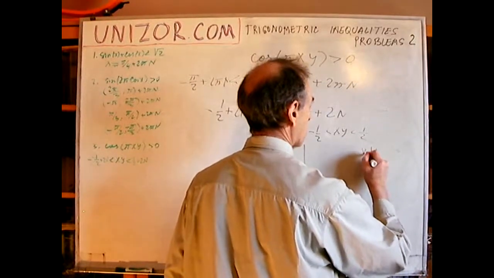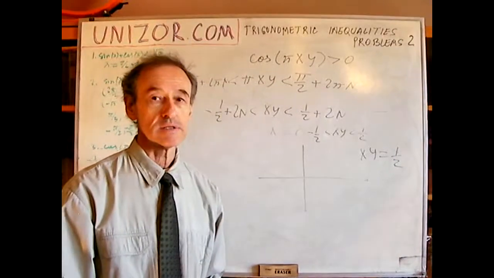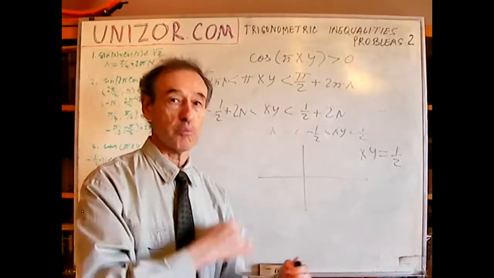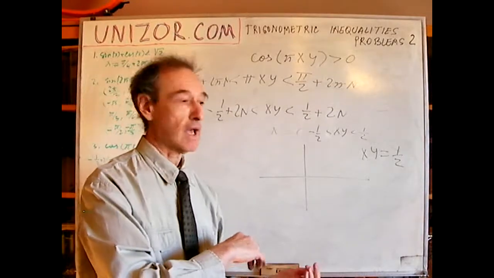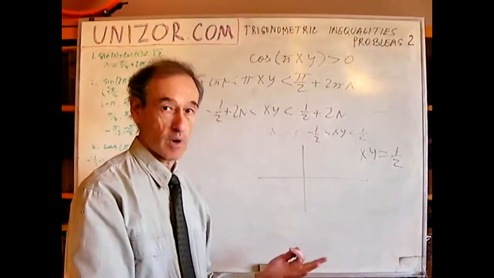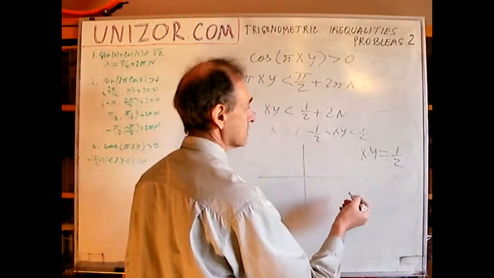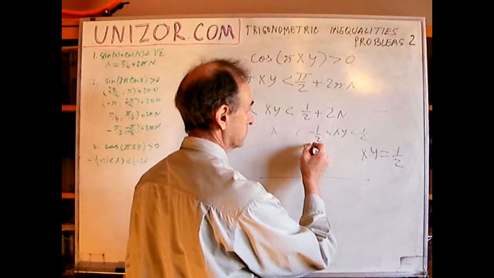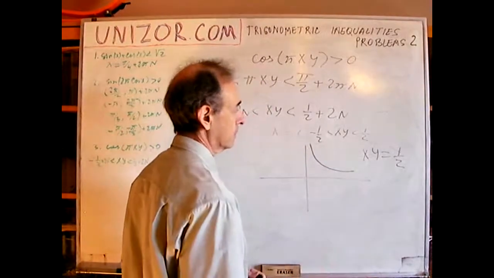xy equals to 1/2. That probably divides the whole plane into two parts, where it's less than 1/2 and where it's greater than 1/2, and the division point is where it's equal to 1/2, right? So this is a hyperbola, right?